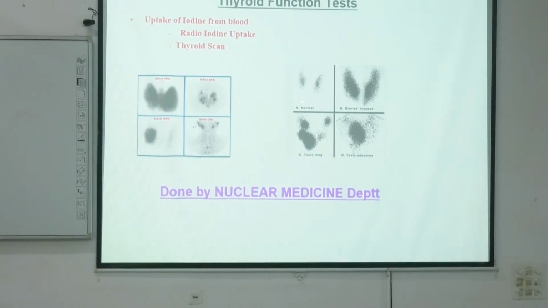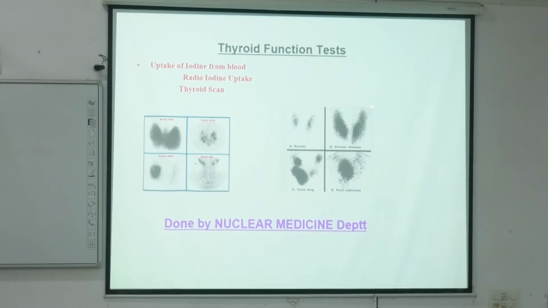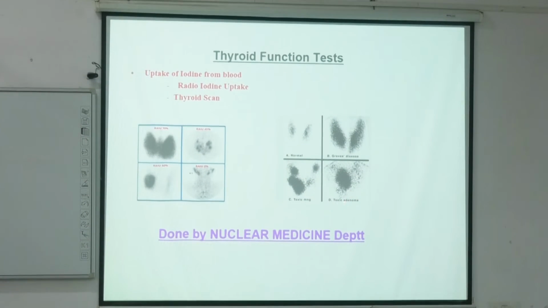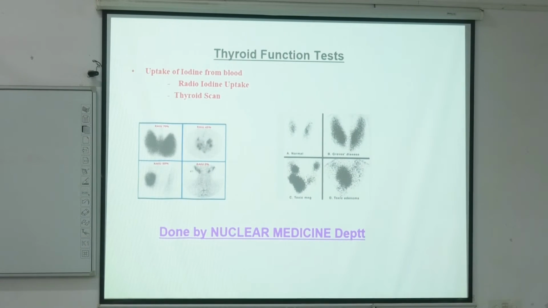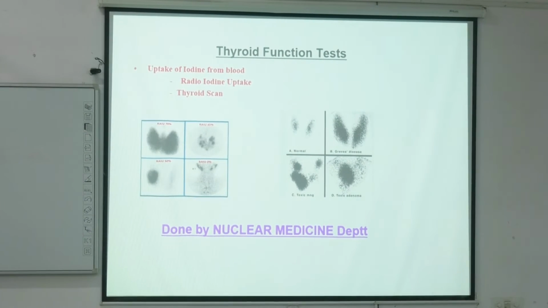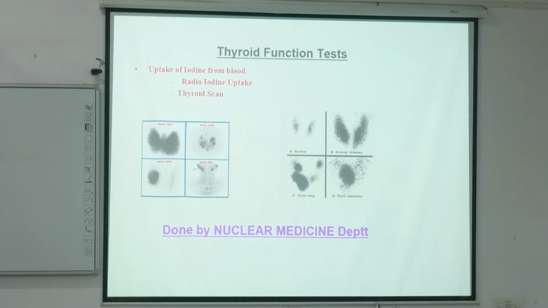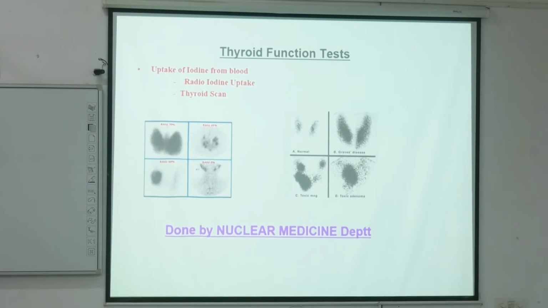This is a normally functioning gland, this is Graves' disease, the hyperfunctioning gland, and this is basically an adenoma. So this is done by the nuclear medicine department. Of course, I tried to develop this department in biochemistry itself, but unfortunately it did not materialize, as early as 1993 at DSP hospital.